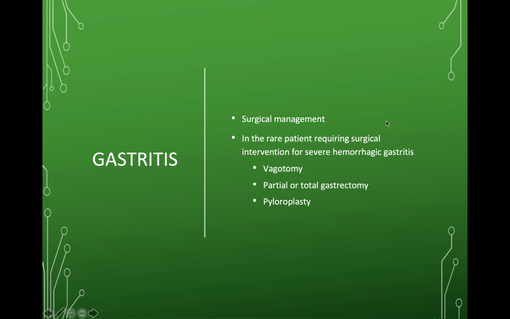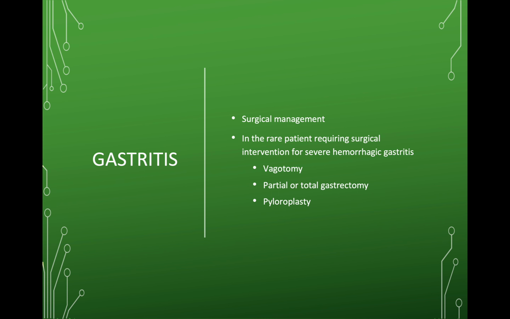Surgical management isn't really a routine treatment for gastritis, but if it becomes hemorrhagic, then we might have to do surgery on a patient. And that could include either a partial or a total gastrectomy. In other words, we take out part of the damaged stomach that's causing problems. Again, that's rare.